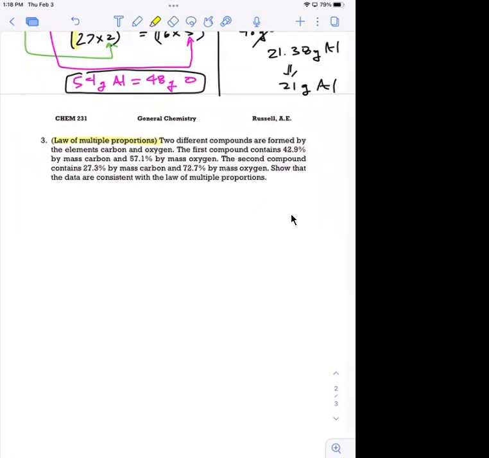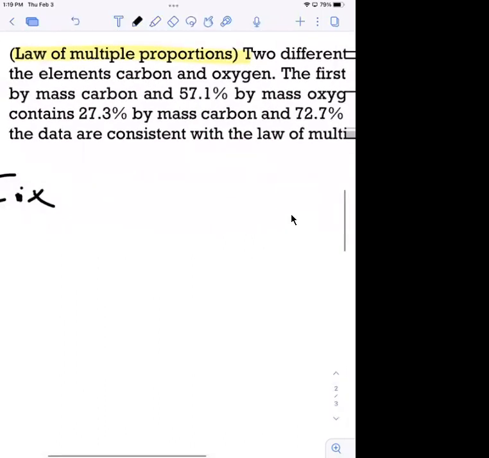So you can form multiple compounds from certain atoms, and they're going to combine in fixed whole number ratios. In order to solve a multiple proportions problem like this one, we're going to have to get a fixed mass of one of our atoms. That's what it's going to require.